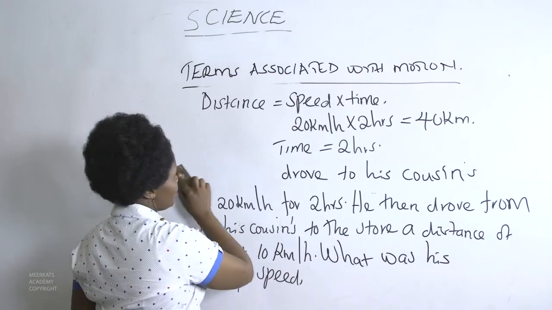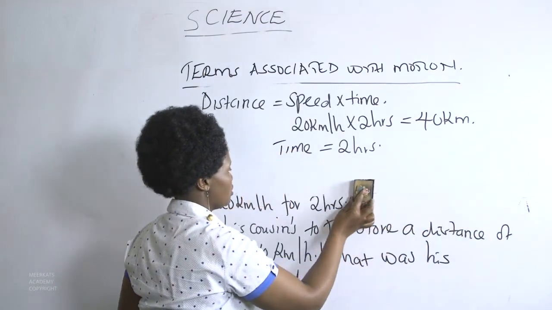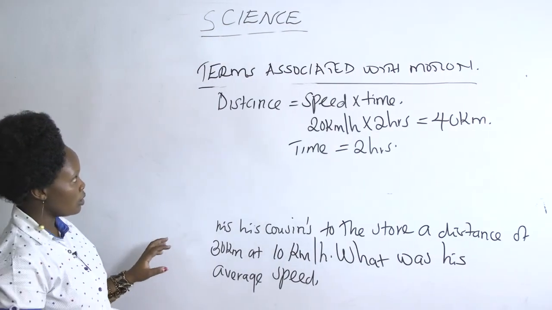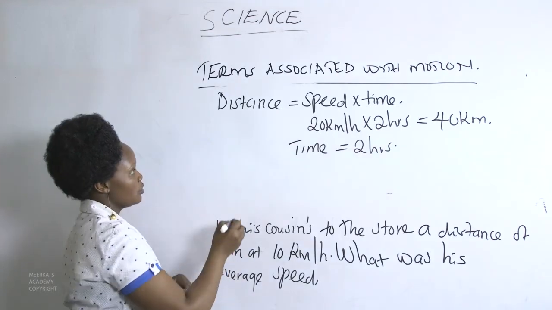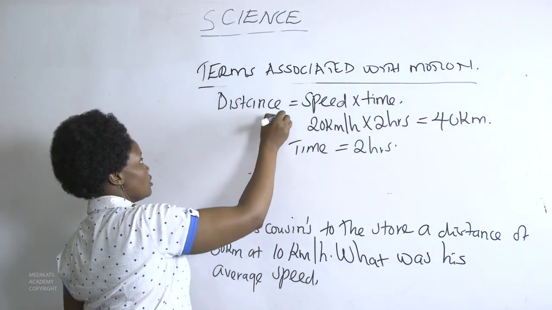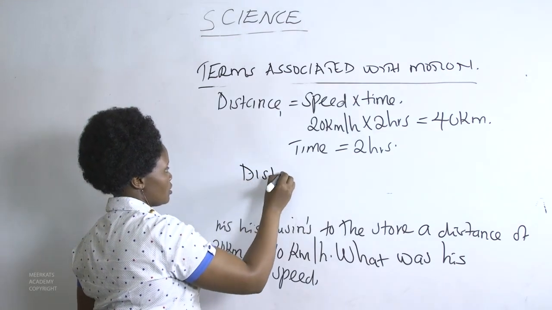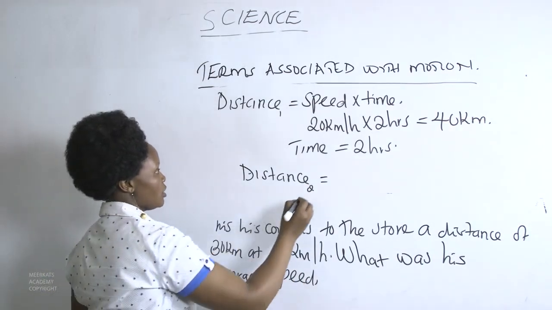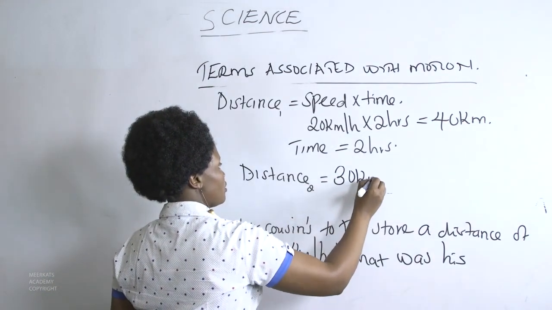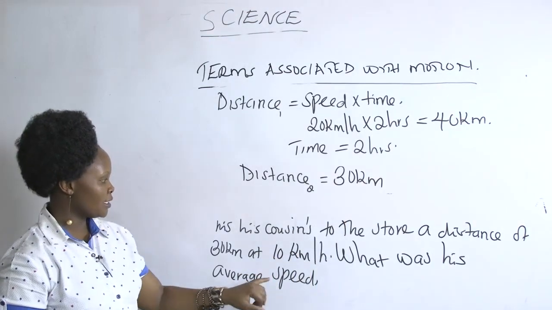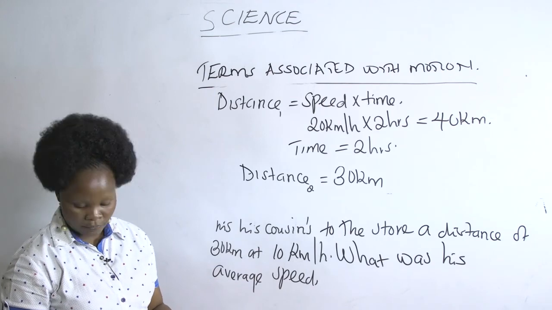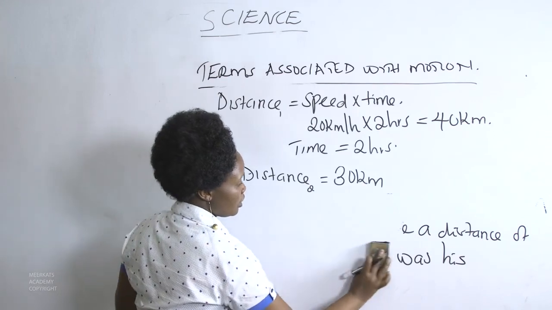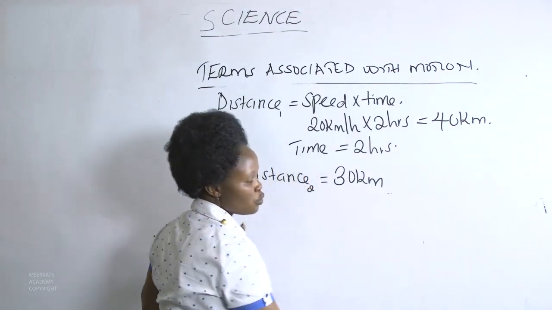Then there is the next bit, where he drove, that is distance 2, he drove for 30 kilometers at 10 kilometers per hour. So we want to find out what time he took from his cousin's to the store.